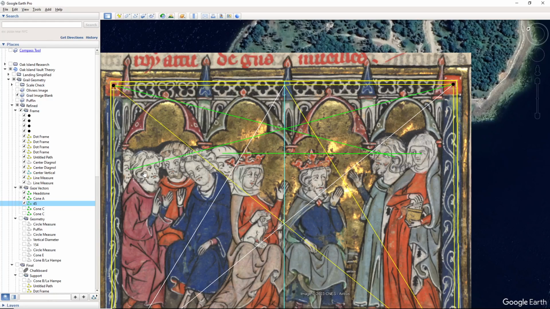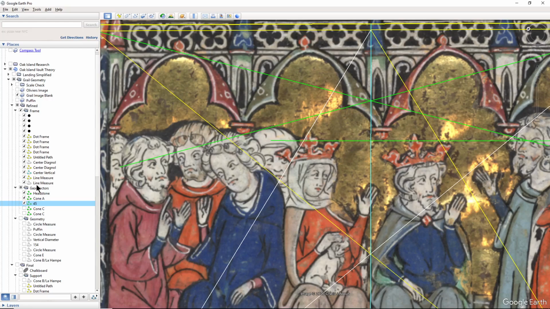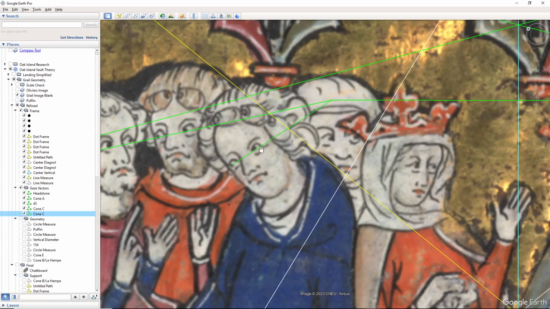Now, the next gaze, we go from the bottom of this gentleman's eye and we go to right here. And then we also, Olivier did this one, we go from this guy and it ends up at the same point here.